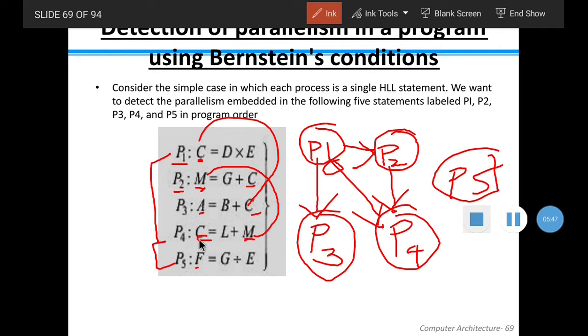But here in P4, C is the output and it is used as an input in P2. You see this is the connection C to C. So for anti-dependence you have to see P4's C, which is used as an input in P2. So this is called anti-dependence between P2 and P4. So draw it with a dashed arrow.